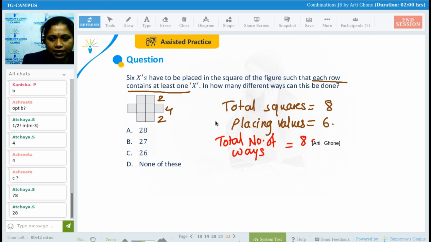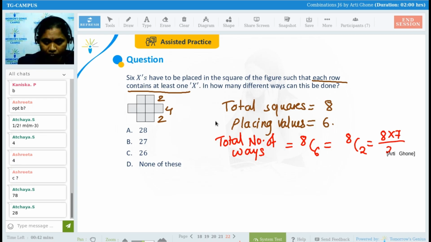Without any condition, it is 8C6. So it is 28. Now 28 is not the answer. None of these may be the answer, we don't know about that. But 28 is the total number of ways without any condition.